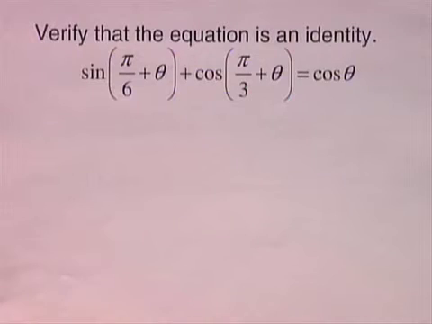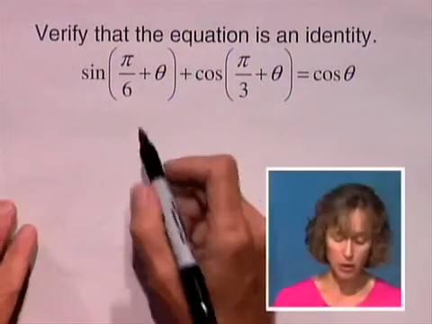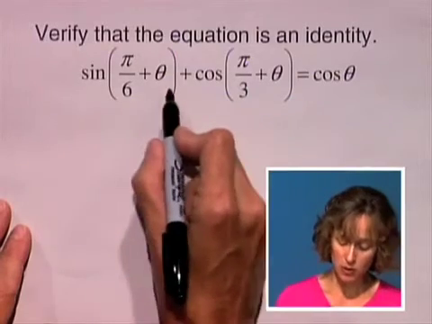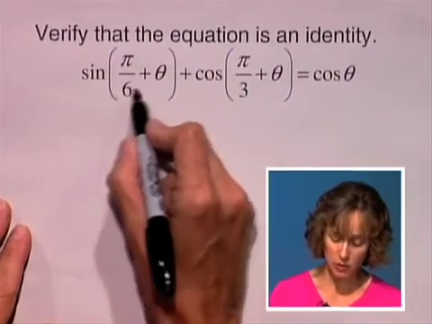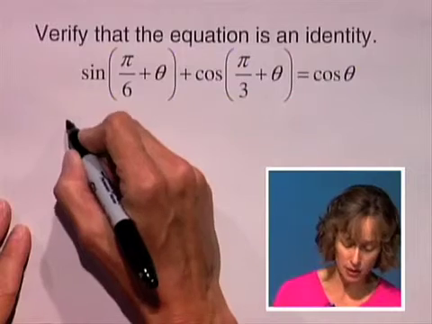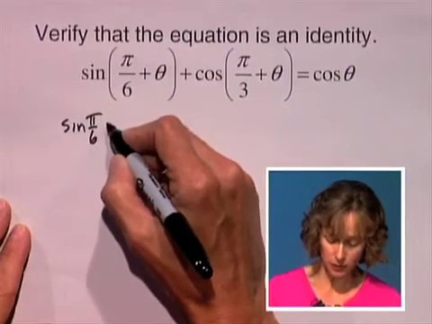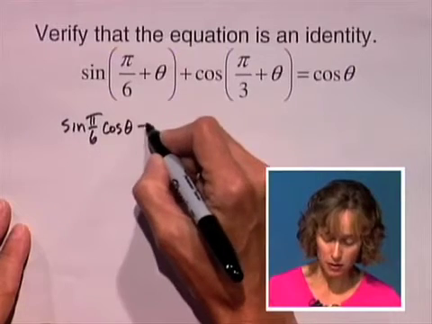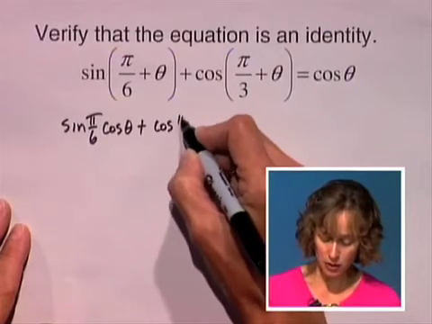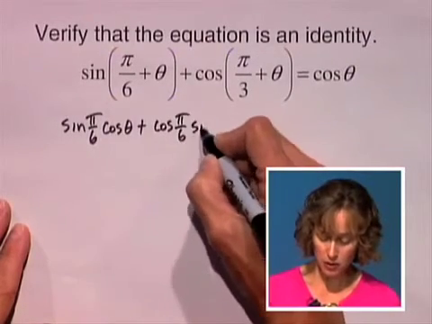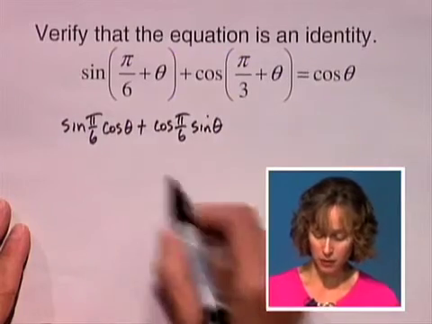Let's verify an identity. We want to verify that the sine of pi over 6 plus theta plus the cosine of pi over 3 plus theta is equal to the cosine of theta. Well, I'm going to work on the left, and I'm going to start with the sine sum identity. So this part of the left side is equal to sine pi over 6 cosine theta plus cosine pi over 6 sine theta.